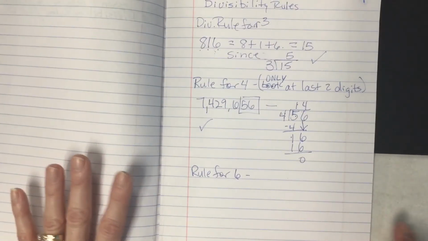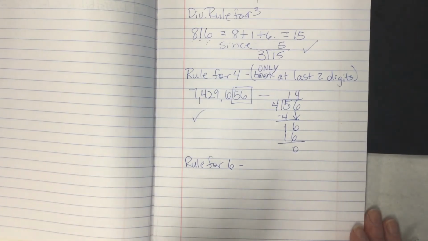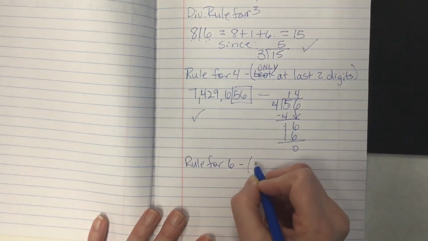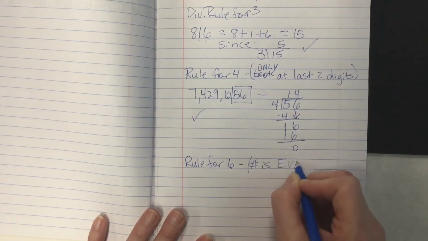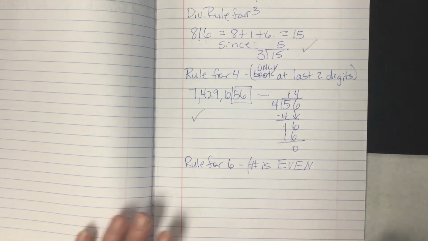The rule for 6 says that a number is divisible by 6 if it's divisible by 2 and by 3. So basically it's saying that the number has to be even, meaning it ends in 0, 2, 4, 6, or 8.